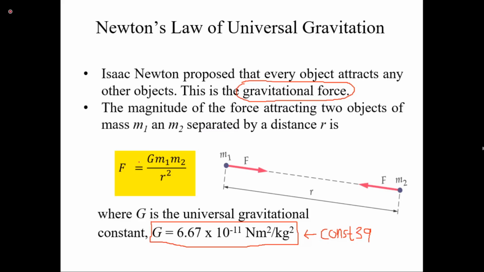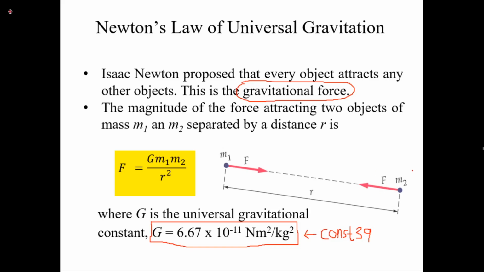The equation is G m1 m2 over r squared. m1 refers to object 1, any object. m2 refers to any object as well. If it is between a human and the Earth, that means object 1 is the human, and object 2 is the Earth.